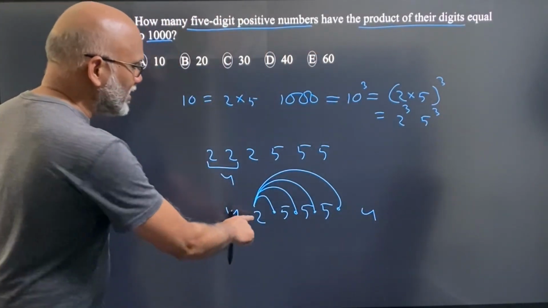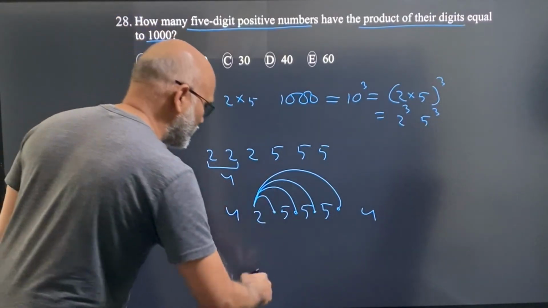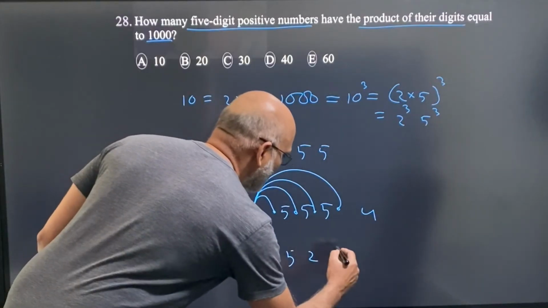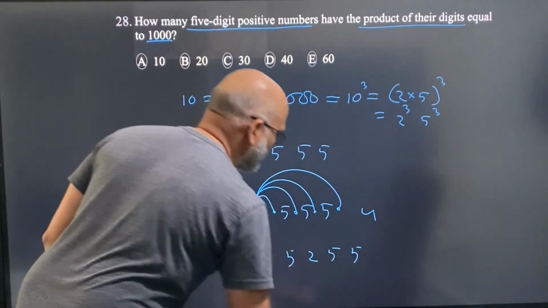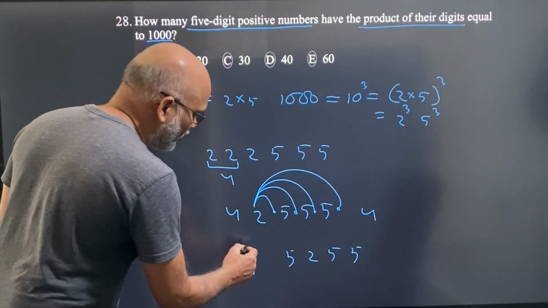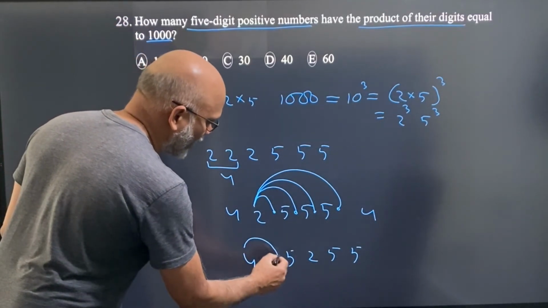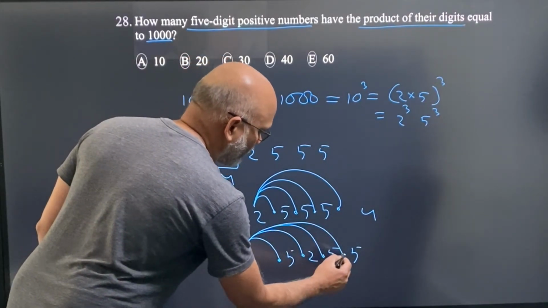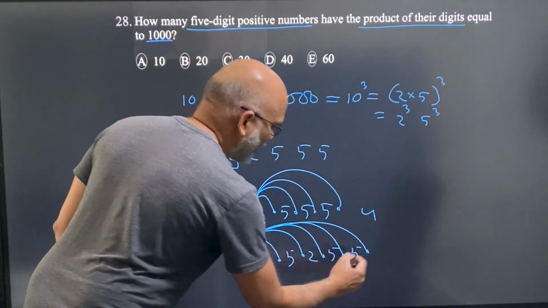Now, once I place 2 somewhere, let me just take an example. Let's say it goes after the first 5, and then 5 and 5. Then I have to place 4, right? 4 can go how many ways? 1, 2, 3, 4, 5 ways, right?